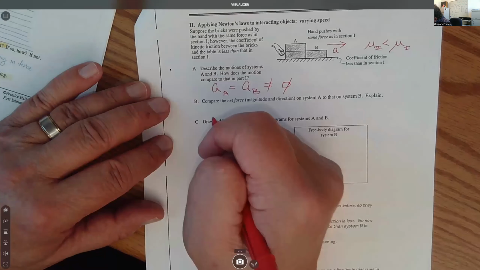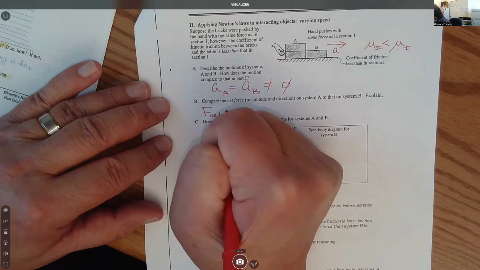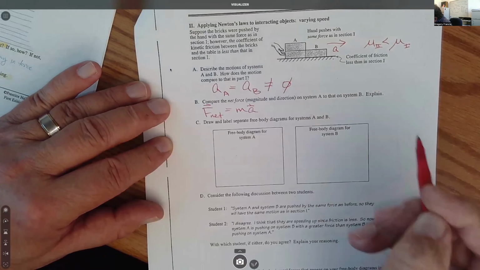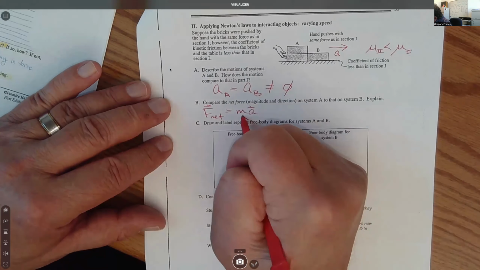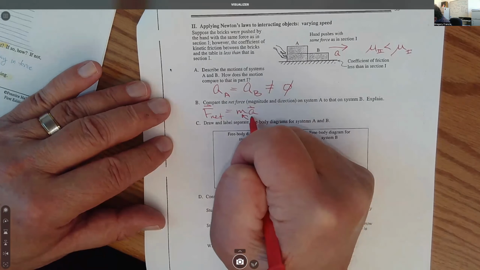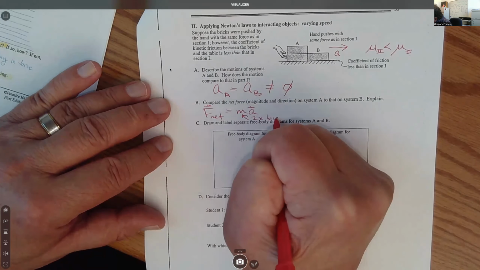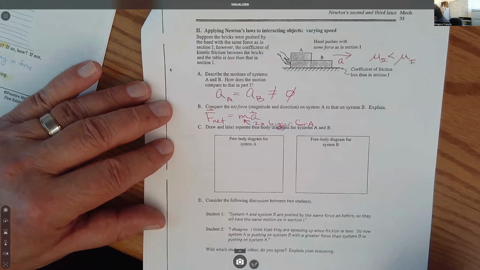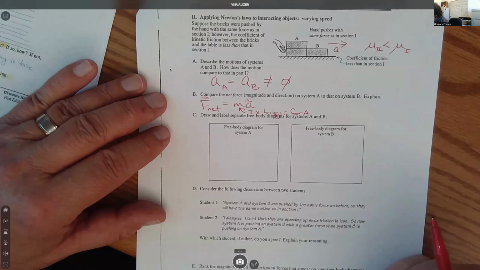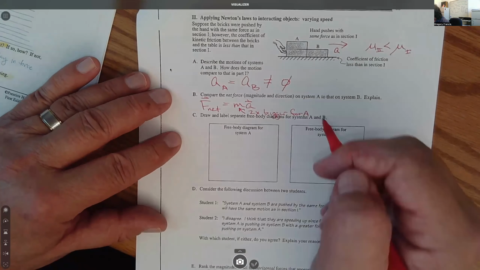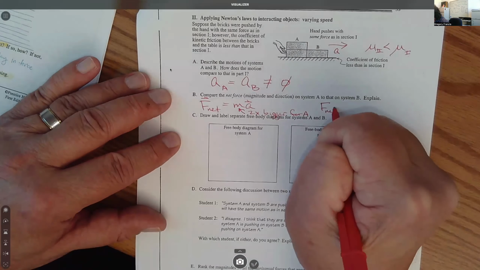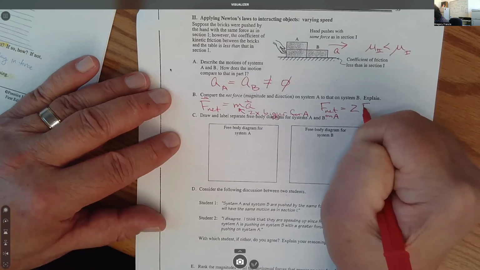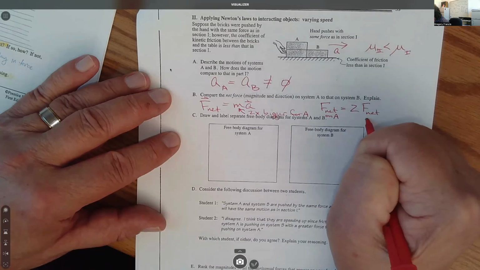Now, because the net force is equal to the mass times the acceleration, well, the mass is going to be 2 times bigger for A. But the acceleration is the same. So that means that the net force on A is equal to twice the net force on B.